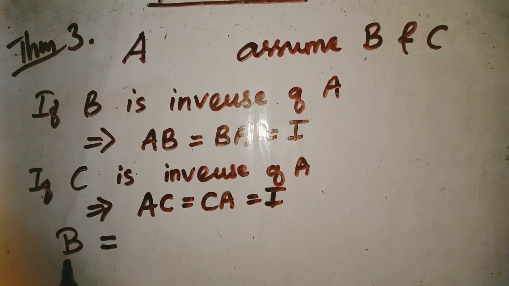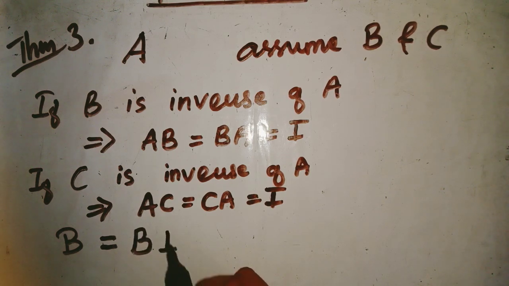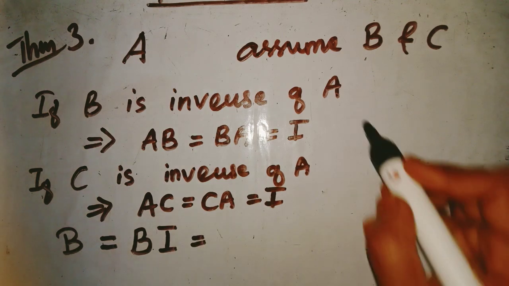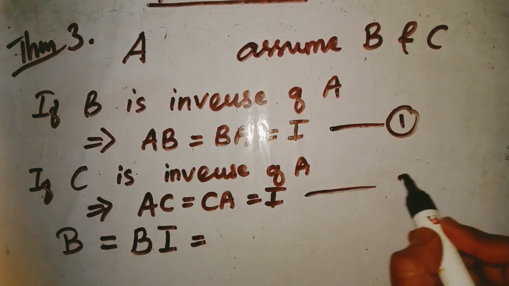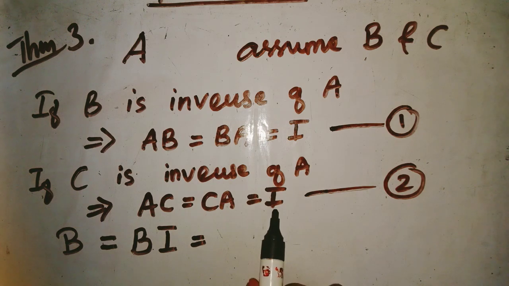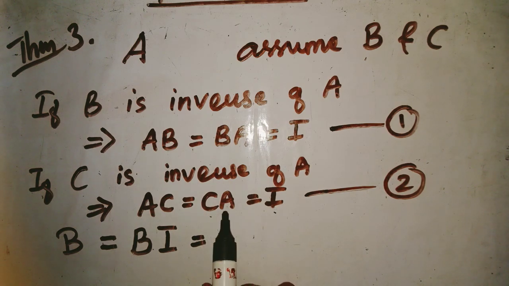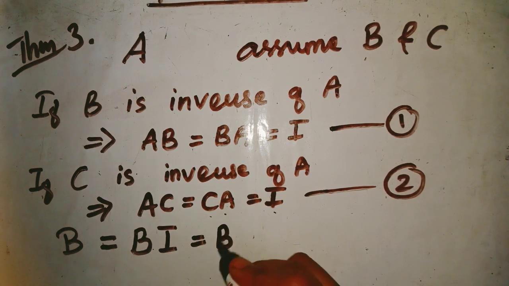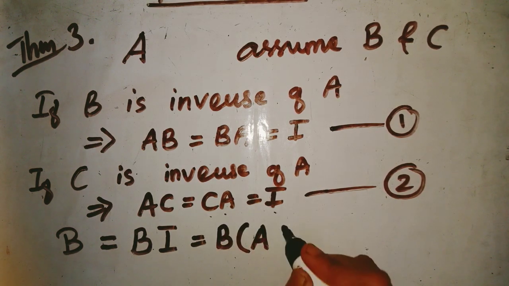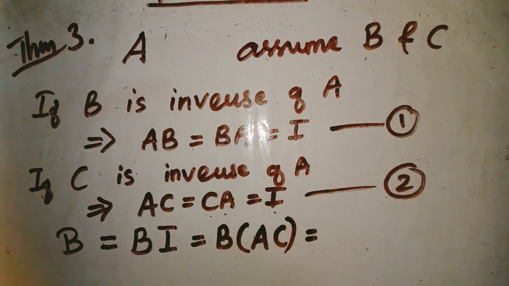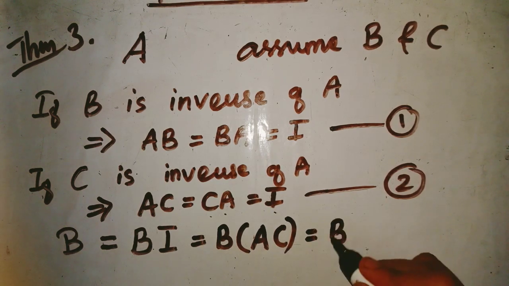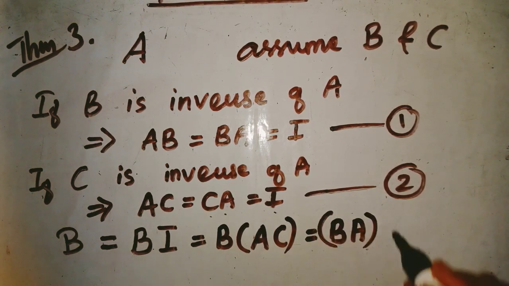Now the B matrix can be written as a product of B and an identity matrix. Now we know from 2 that the identity matrix can be written as AC or CA, so I'll write the identity matrix as AC. Now I'll take BA together and C outside.